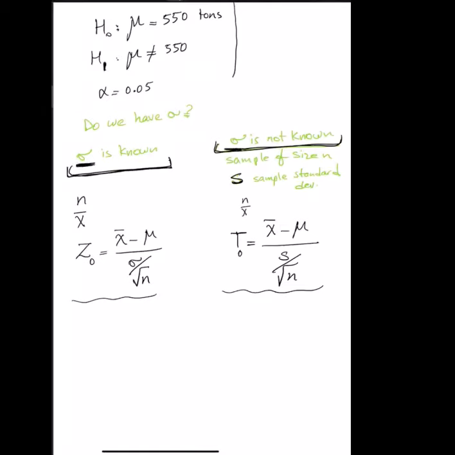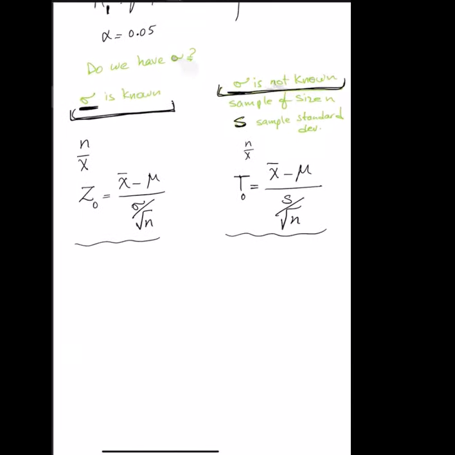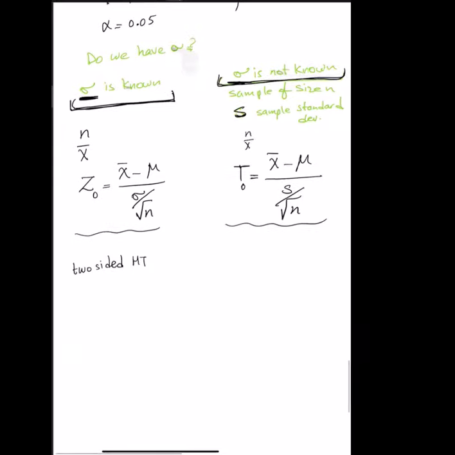and then compare that with critical values. So let's say we are looking at the two-sided hypothesis test. In the scenario on the left, I want to compare my test statistics with Z of alpha over 2 or minus Z of alpha over 2.